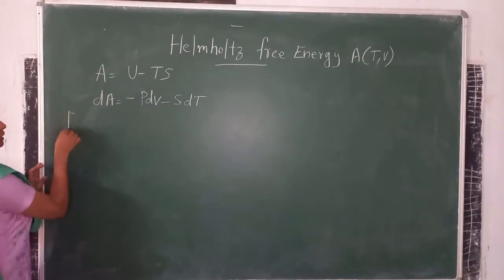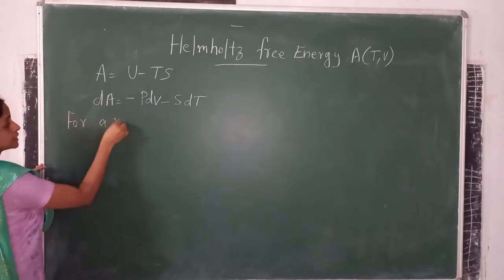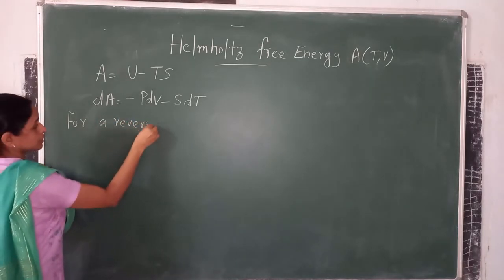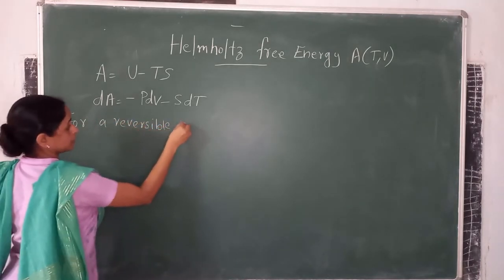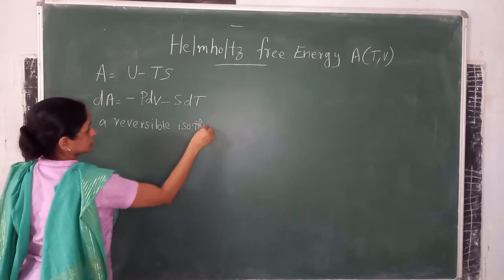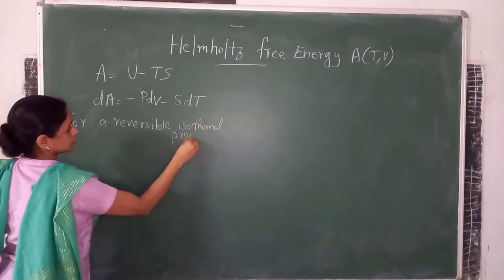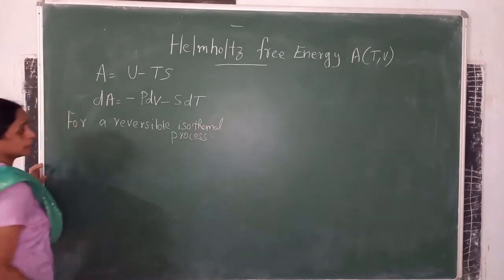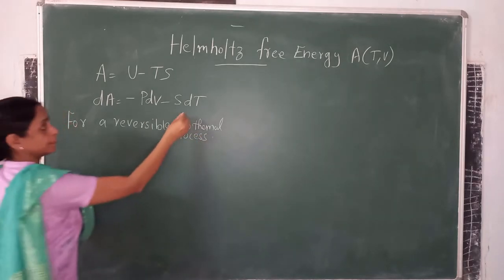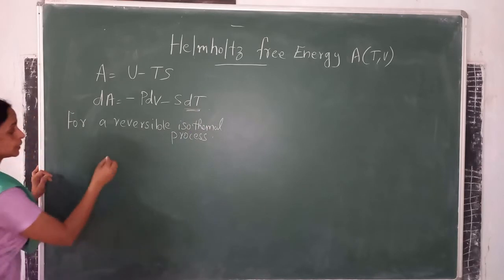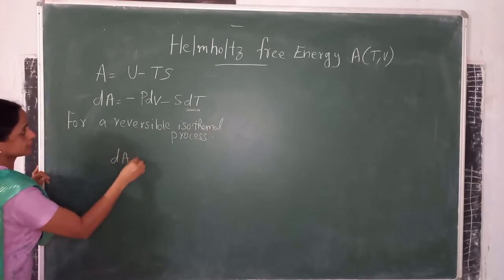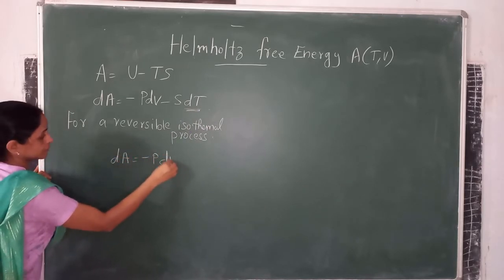First, for a reversible isothermal process, the temperature is constant, so dA can be rewritten as minus PdV.